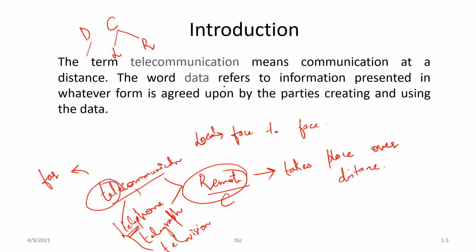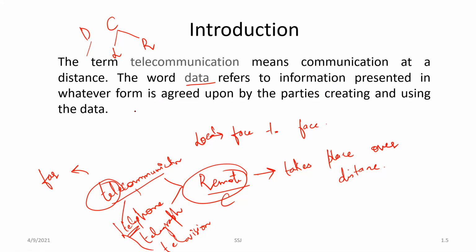Now, coming to the term data. The word data refers to information presented in whatever form is agreed upon by the parties creating and using the data. So data is basically any information. We have been studying it from the beginning of engineering and we know that it is information. Now, information in what form?